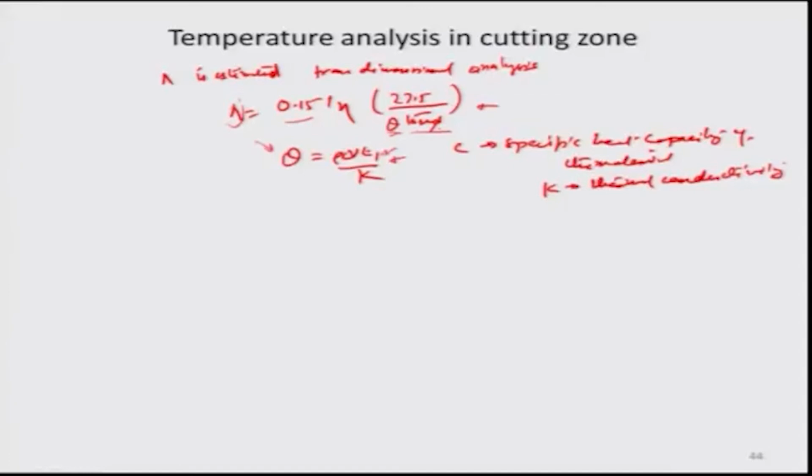So now theta p, that is the rise of temperature from the primary zone or primary contribution, can be estimated. We can similarly estimate theta s for the secondary zone, the maximum temperature rise as well as the average temperature rise because of the secondary power.